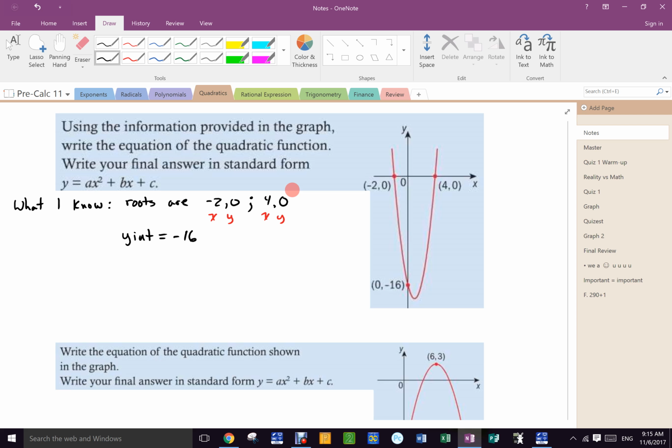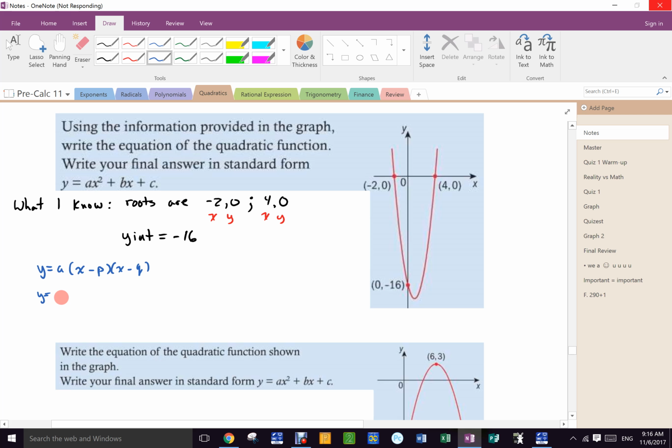Nice job, Sonia. So I say to myself, y equals a bracket x minus p, x minus q, right? Because that's factored form, yeah? So, y equals a.